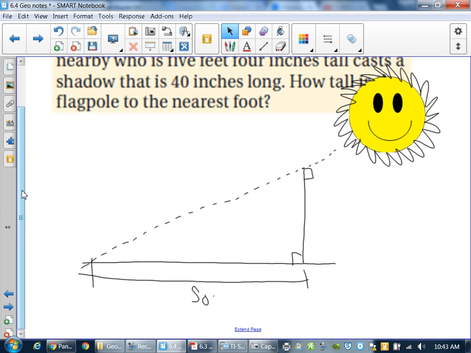Can I draw hair? She could have short hair. Go get it. All right, we'll put a flower in her hair.